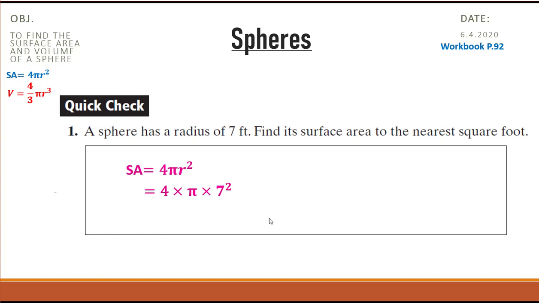Just use your calculator and find the answer. Okay guys, approximately this is 616. When rounding to the nearest unit, when the digit after the decimal point is 5 or more, we round up. So the ones digit here, which was 5, will be 6.